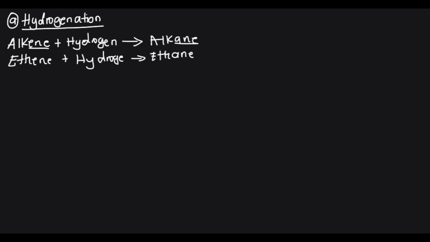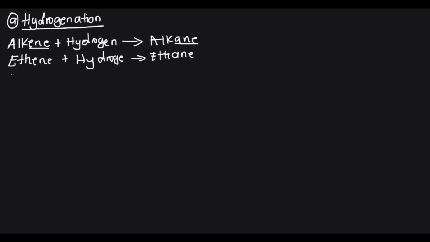So what we are saying is, whenever you react an alkene with hydrogen, the double bond breaks from the alkene to form an alkane. Regardless of the alkene that we are using, all the alkenes follow this pattern. We have used the word equation, so we can also use the chemical equation.